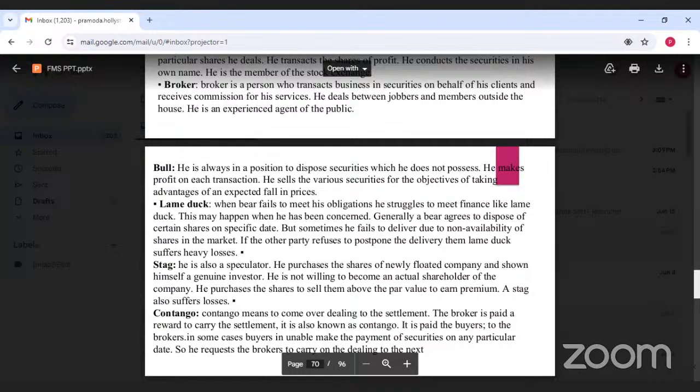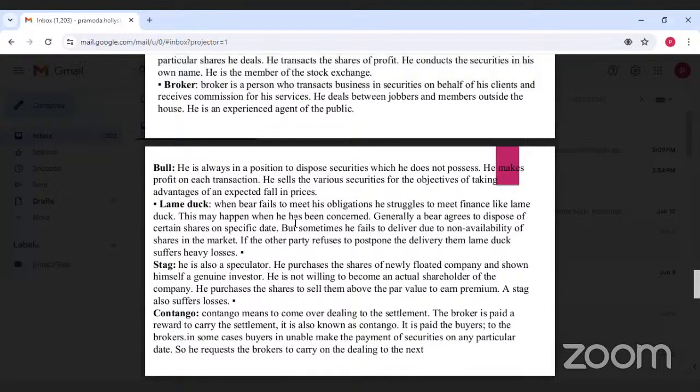Now, bear is a kind of speculator or broker who takes an active part when the prices of all the stocks decline in the market and continue to fall for a longer period of time. You can write down a line: he is an investor.